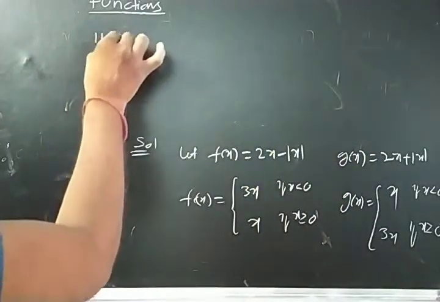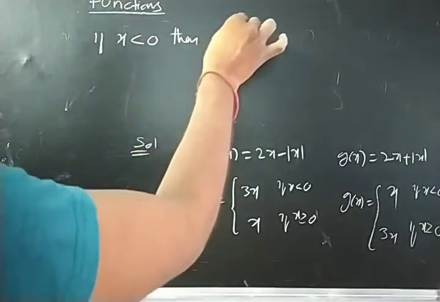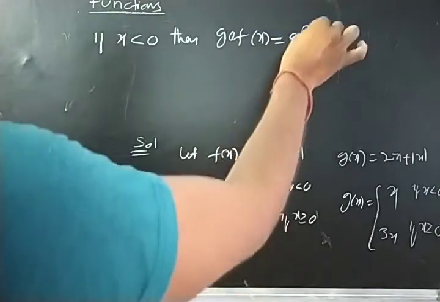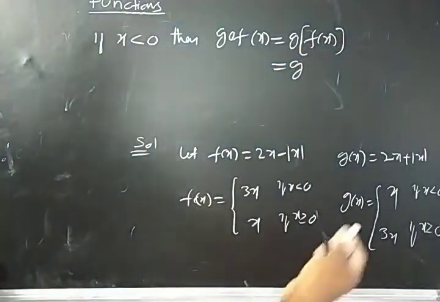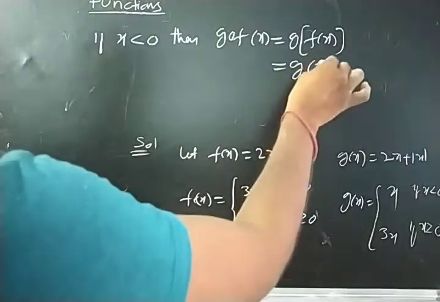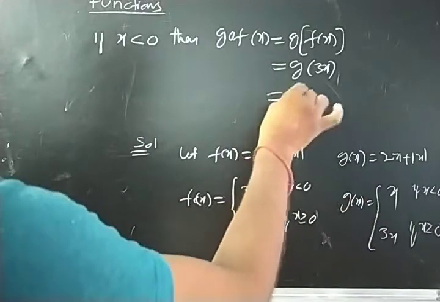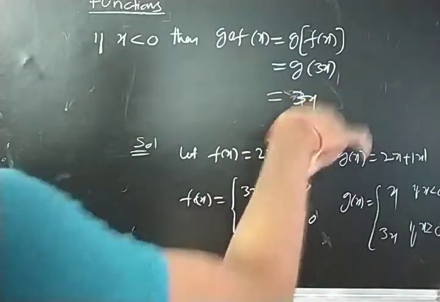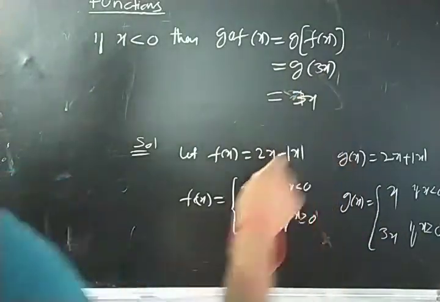Now if x is less than 0, then g circle f of x is g of f of x. If x is less than 0, f of x is 3x. If x is less than 0, g of x is x, so in place of x you have to substitute 3x. So this is 3x.